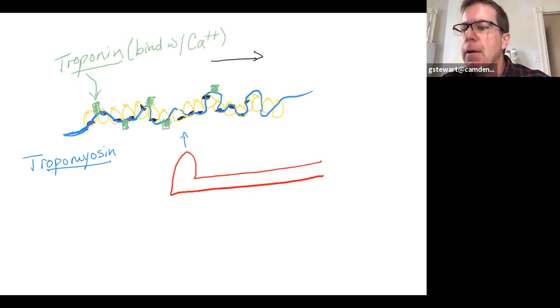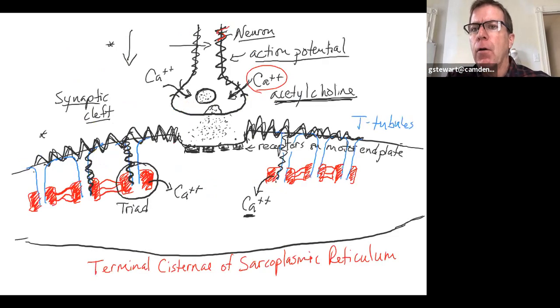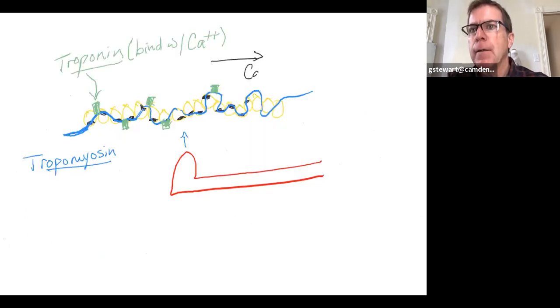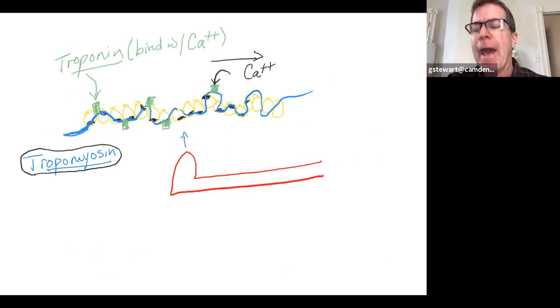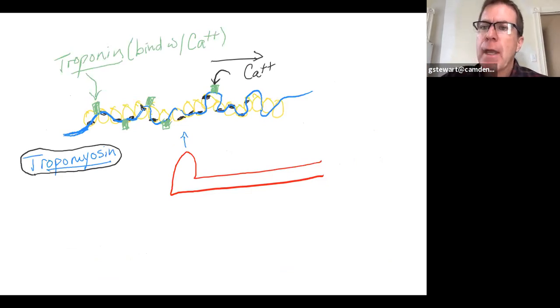So remember back here, in this diagram, the whole goal of the first part of our story was to release these calcium ions inside of the muscle cell. What happens with those calcium ions is that they bind to troponin, and when that happens, they lift the whole grapevine off of actin and expose the binding sites so that myosin can bind.